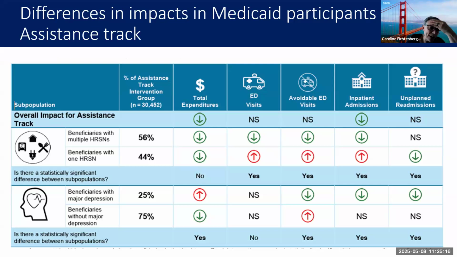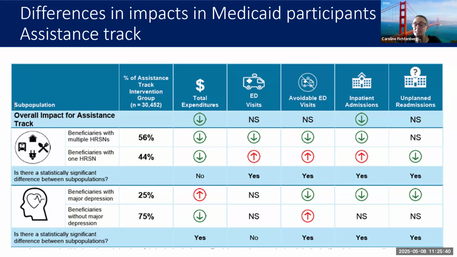And then in terms of subpopulations with certain chronic conditions, they found that individuals with major depression, who were 25% of the assistance track sample, saw an increase in costs versus individuals without major depression, but they saw differences in utilization in the other direction.